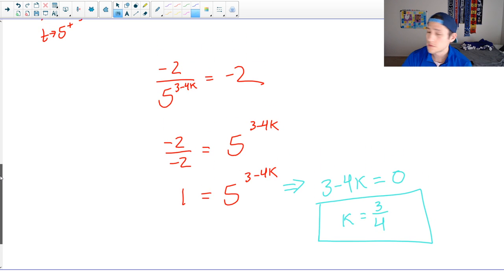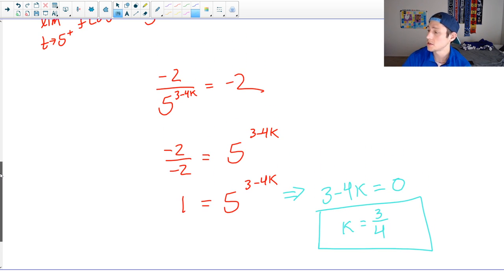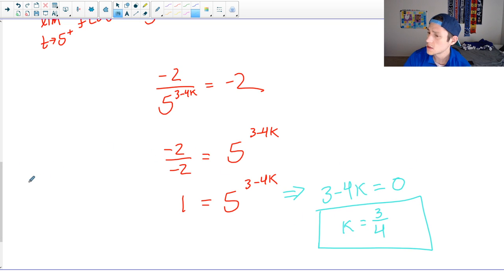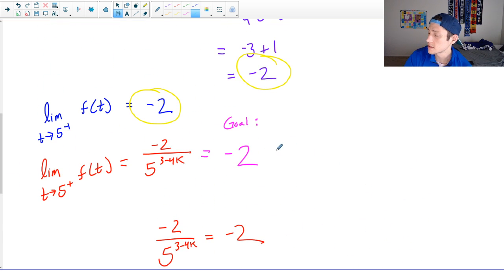Okay, so there's my answer for what k should be in order for this to be continuous, because if k is 3/4, then this limit is going to equal -2, right? That was my goal, because that's what the left-hand limit is, and that's what the actual value of the function is. So if all three of those things equal the same value, in this case -2, then that would show that it is continuous.